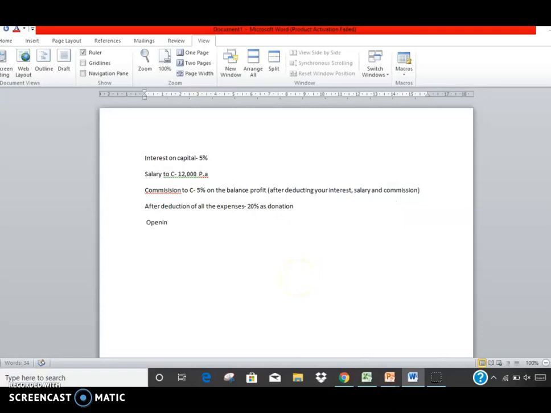Opening capital is the beginning capital or the initial capital which the partner has introduced or carried forward in the next financial year.